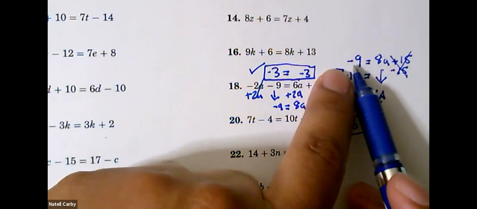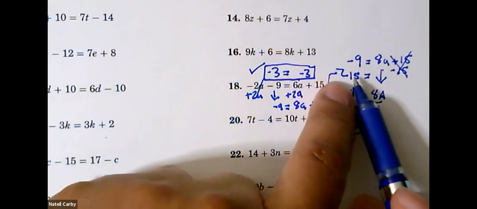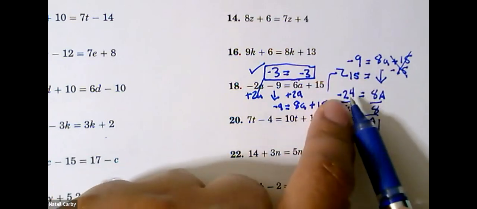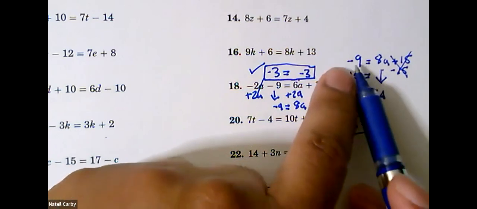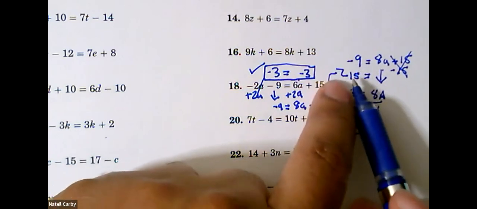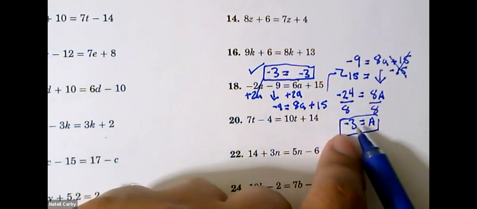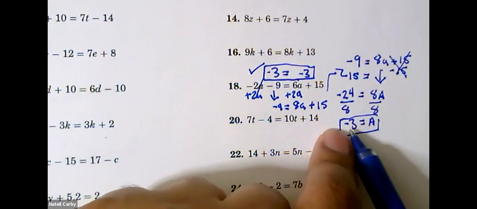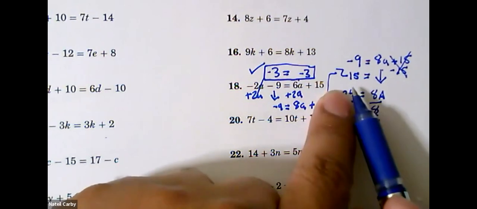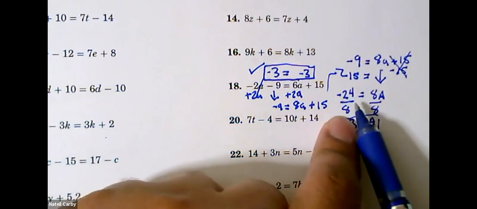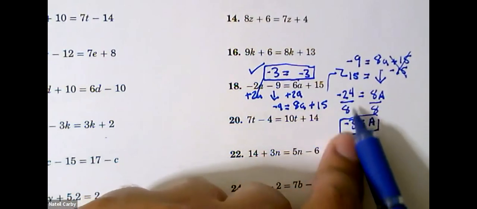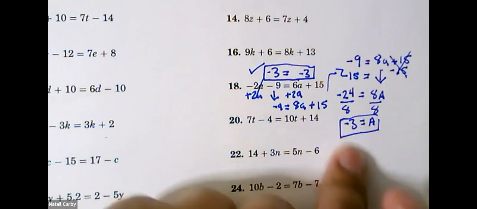And then negative 9 minus 15 turns into negative 24. Right? Negative 9 plus negative 15 is negative 24. Divide by 8, my answer is negative 3, because a negative divided by a positive is negative, right? When you're multiplying or dividing integers, if they're the same sign, positive, different sign, negative. So we got negative 3 here.